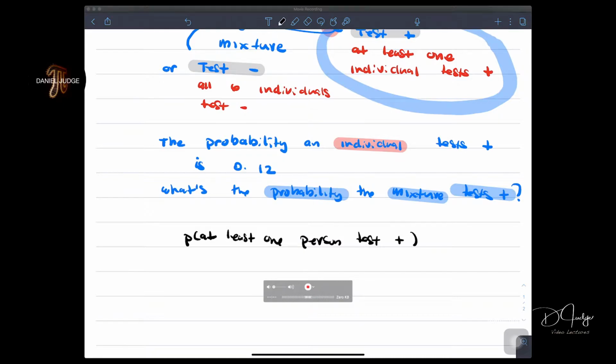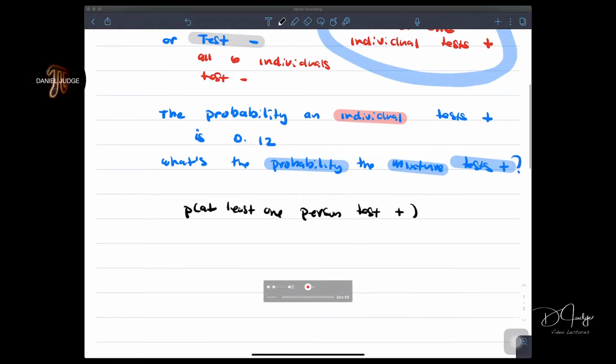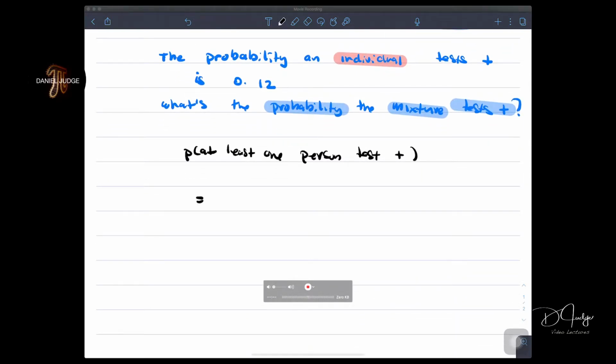That's when this mixture tests positive. Now, by the complement rule, that's 1 minus the probability that none test positive.